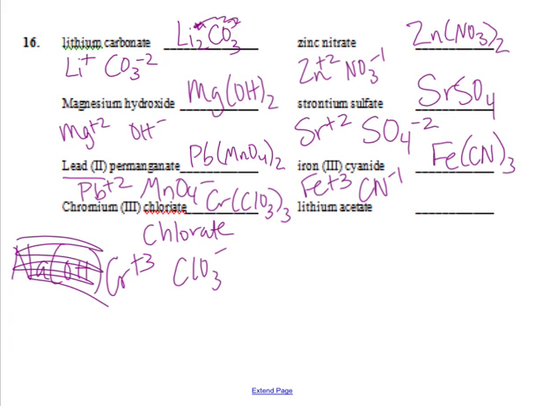Acetate's a good one. Acetate's one of those that we're going to use in AP constantly because acetic acid is a weak acid, and when we get to solutions right after Christmas, we run with this guy a lot. So the acetate ion is C2H3O2 minus. So lithium is a +1, C2H3O2 minus.